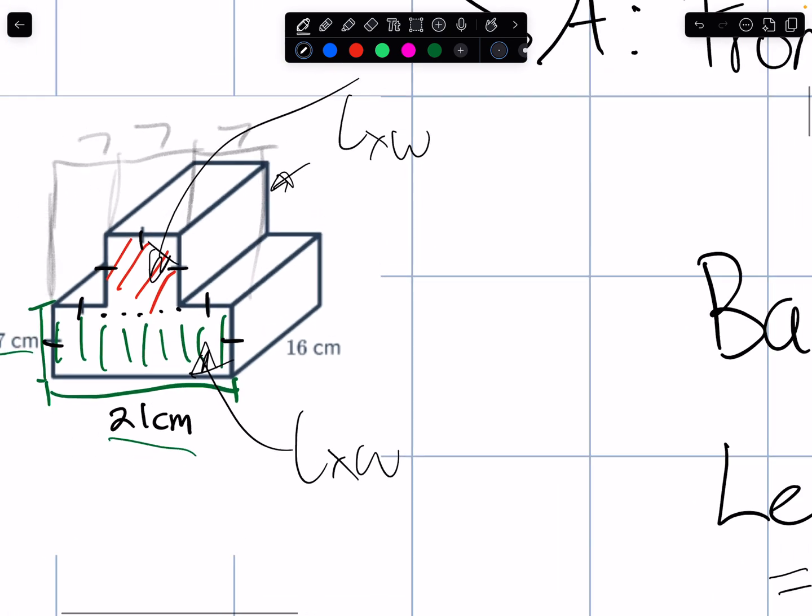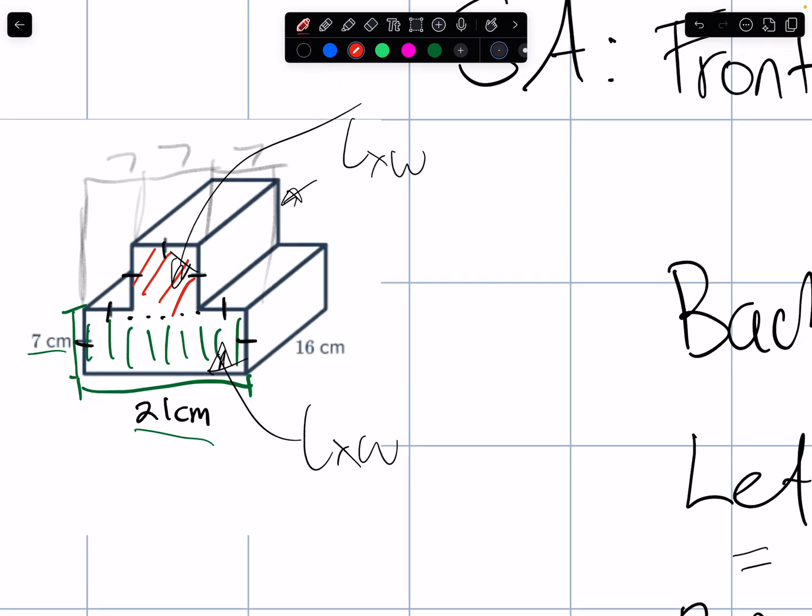Now, how do we figure this out? Let's say we're looking at our right side. Our right and our left are identical, but we're just going to look at our right for now. Let's do it in pink, shall we? Right side. We have here and we have here.